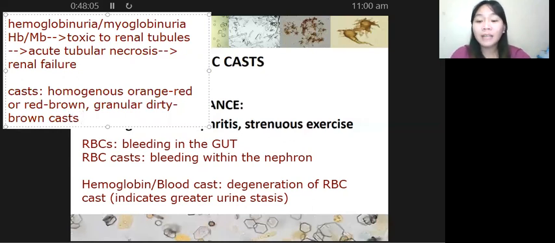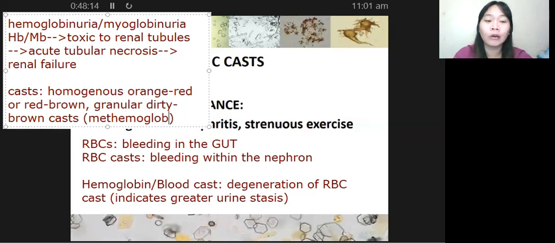Particularly kung yung hemoglobin natin which is trapped in your cast has already degraded to methemoglobin.